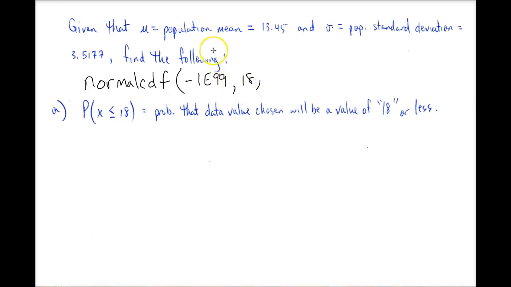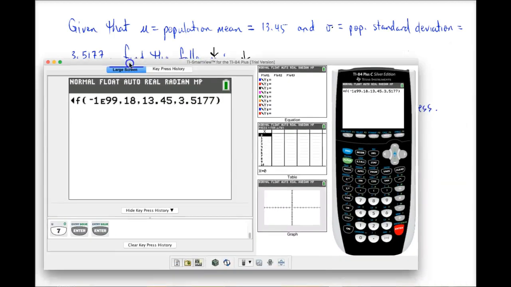And so it starts off with the lower limit, and then the upper limit, and then the population mean, and then the population standard deviation. For those of you that are unfamiliar with how to type this in, like the commas and doing this scientific notation, I'll talk about that once we're done.